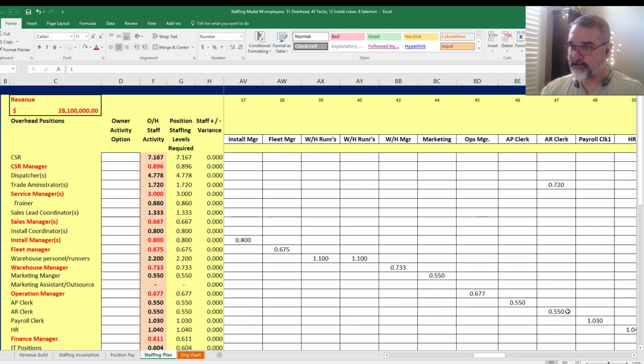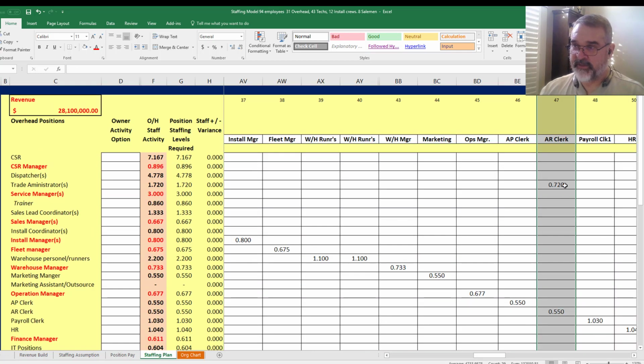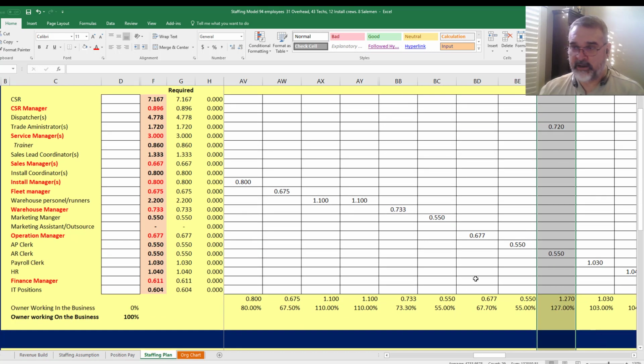Okay. Now this person here on the AP clerk is overloaded. They're at 127% right now. So we've got to be thinking about getting a full-time trade administrator to help out over here. Because when you look at the accounting positions for AR, I don't want to combine it with the AP.